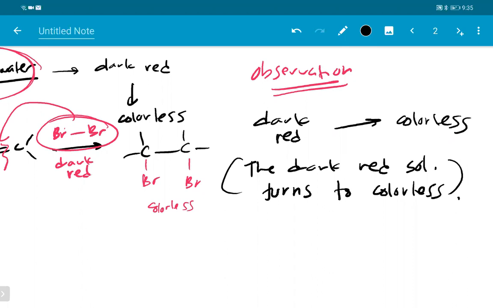Okay, the dark red solution remain the same. Remain unchanged lah, okay. Satu perkataan je, remain unchanged. The dark red solution remain unchanged. Tengok lagi kurang, 6 perkataan saja.